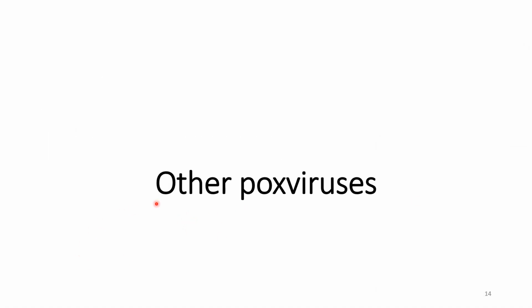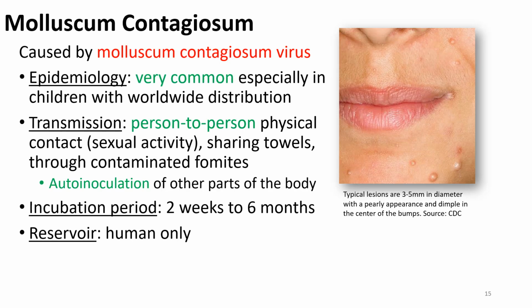So we'll talk about some other pox viruses. The second virus that belongs to the Poxviridae family that I'm going to talk about is the Molluscum contagiosum virus, which causes molluscum contagiosum. This virus is very common.